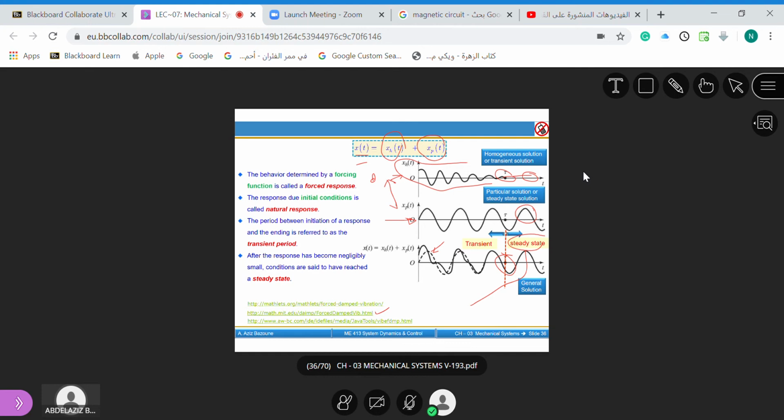This is our lecture today. I will try to give you this. I'm sure that some of you will not be able to get into the applet, the forced and damped one. I know this one is extremely important. Damped vibration, stands for vib.html. I'll try to show you this one.